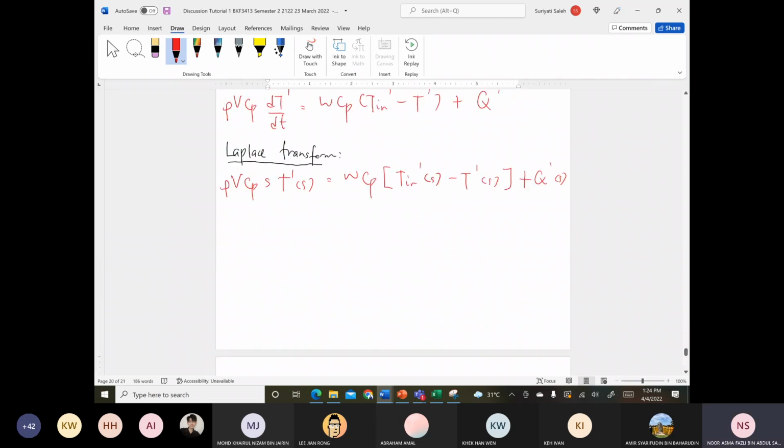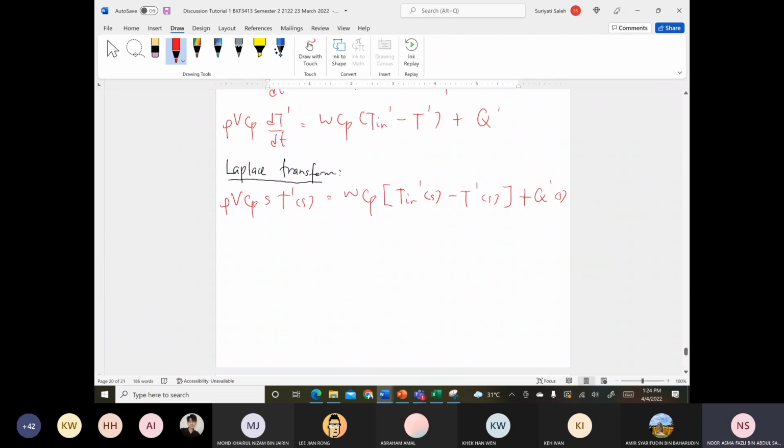So in this case, we can see based on the Laplace transform, we have the variables. T in is a variable, T prime is a variable, and Q is a variable.